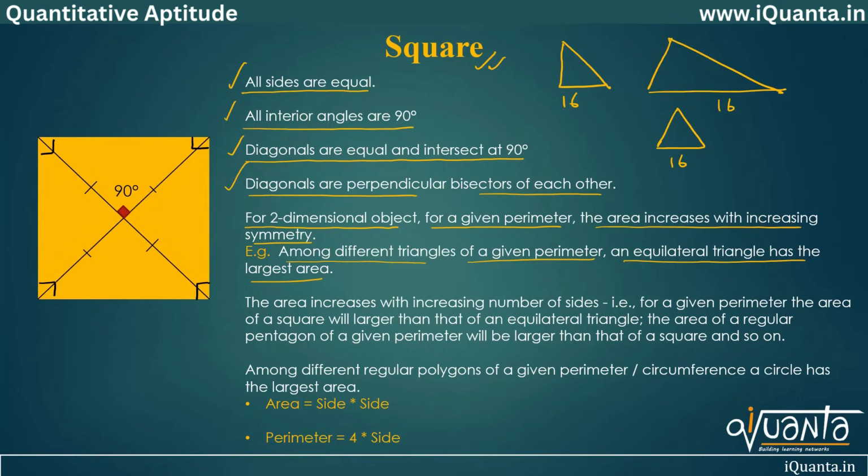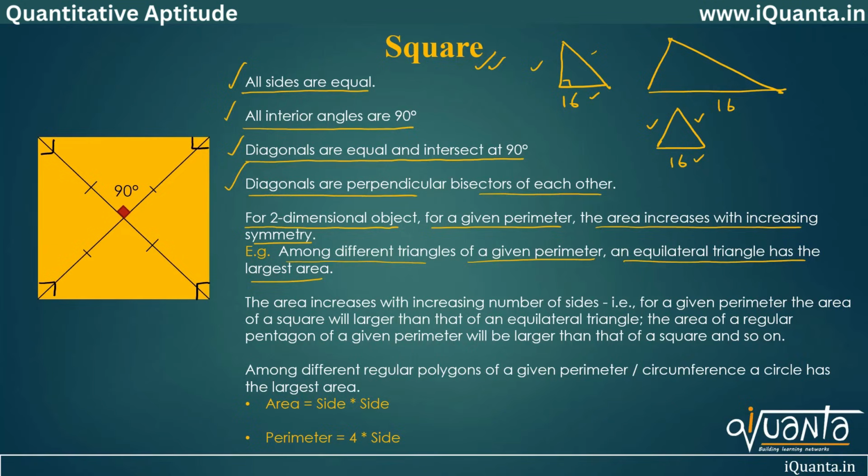Symmetrical means all the parts of a particular figure that are facing each other must be exactly the same. So here we can see that in an equilateral triangle, this side is equal to this side is equal to this side, all the three sides are equal. So this is the most symmetrical figure. While in this right angle triangle, we can see that this would not be equal to the hypotenuse, this would not be equal to the hypotenuse.